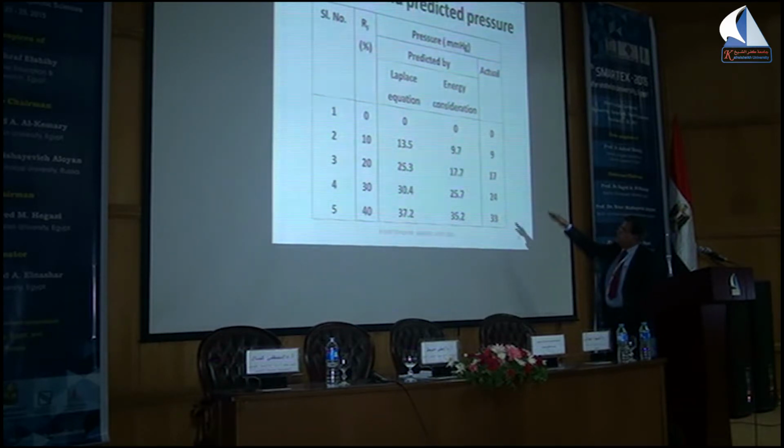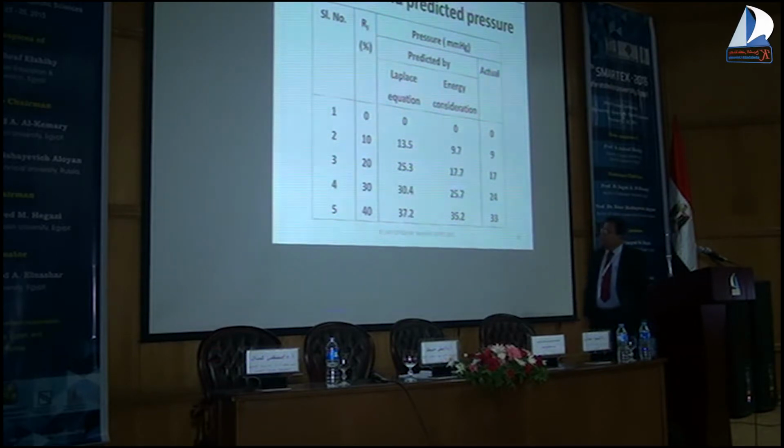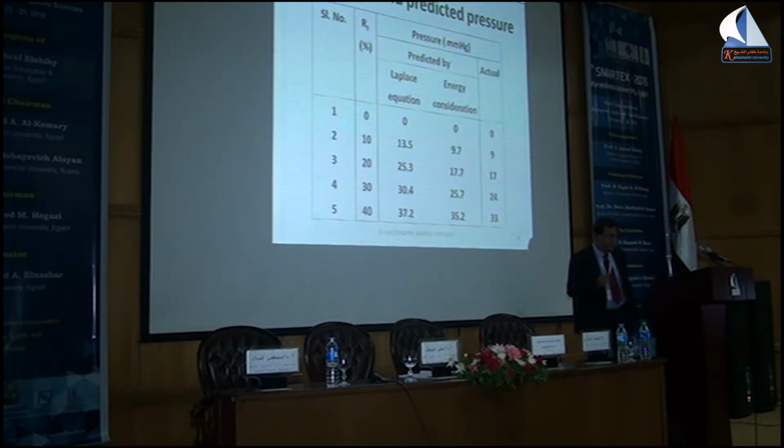If you see all this data, you will find that the energy consideration is giving me a better prediction, especially when I am trying to measure the pressure on a compressible body.